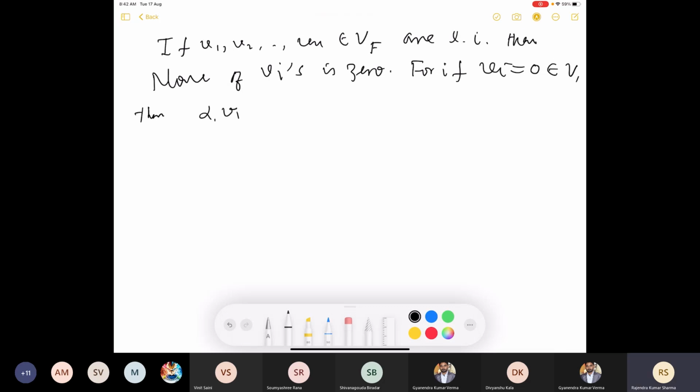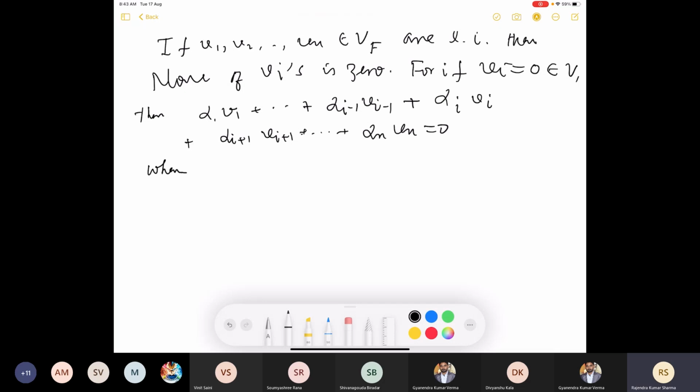then alpha_1 v_1 + ... + alpha_{i-1} v_{i-1} + alpha_i v_i + alpha_{i+1} v_{i+1} + ... + alpha_n v_n is 0, where you can take alpha_1, alpha_2, all here, alpha_{i-1}, alpha_{i+1}, and alpha_n to be 0, for every alpha_i not 0.